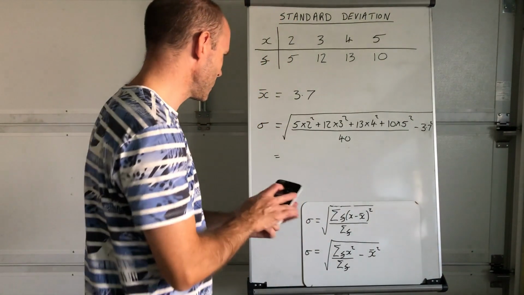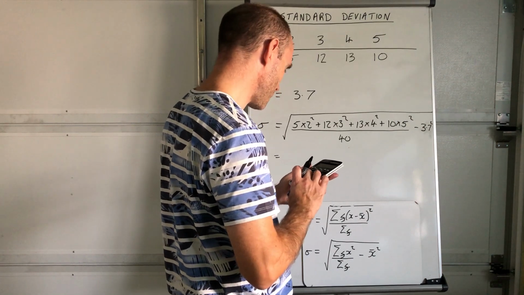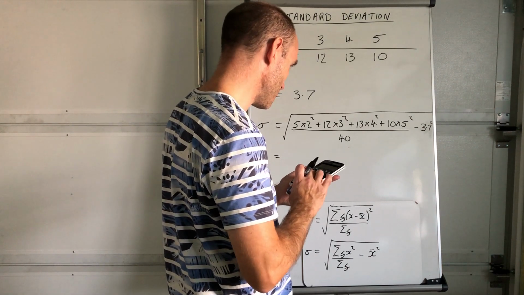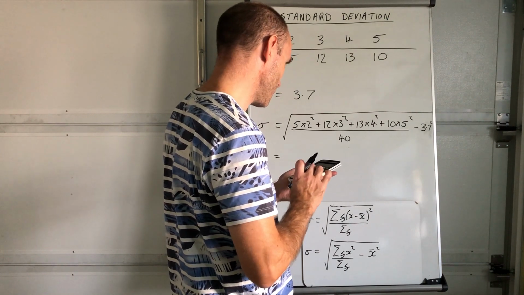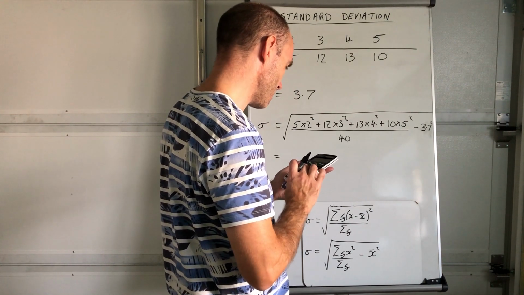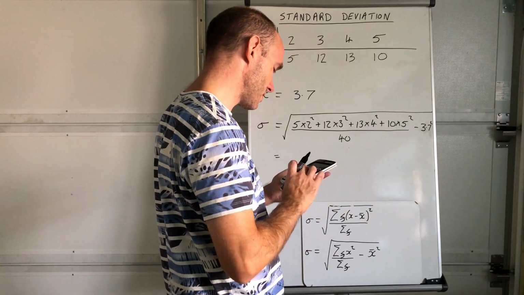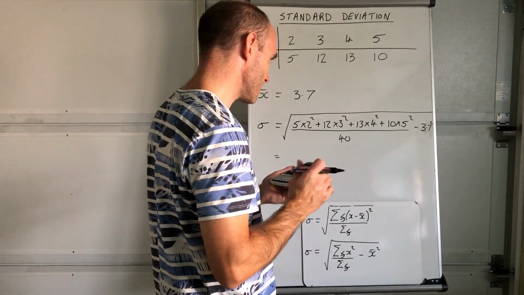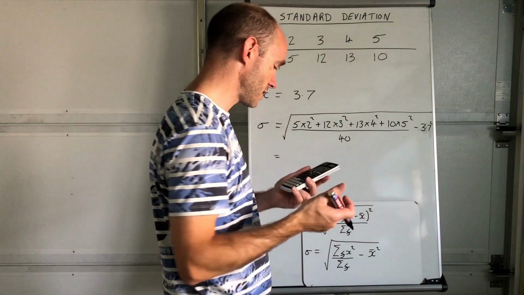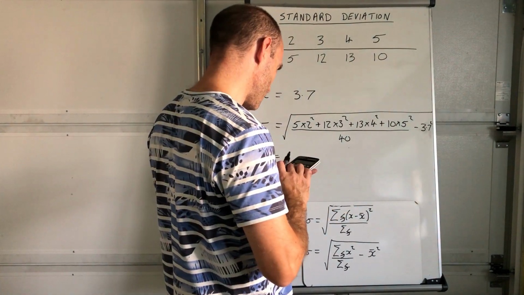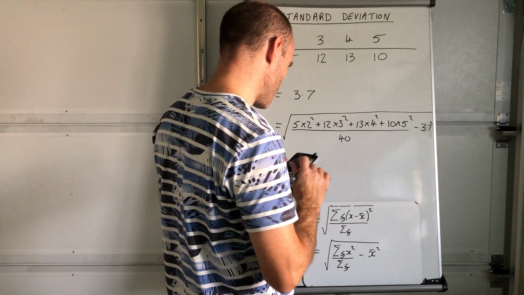Let's work out what that is. So 5 times 2 squared, plus 12 times 9, plus 13 multiplied by 16, plus 10 multiplied by 25. So I get 586. Divide that by 40, so 293 over 20. In case you're wondering, that's 14.65. Subtract 3.7 squared equals 24 over 25.